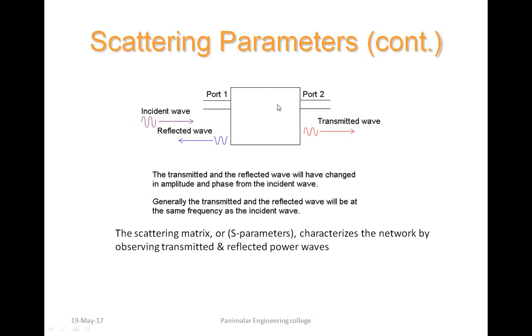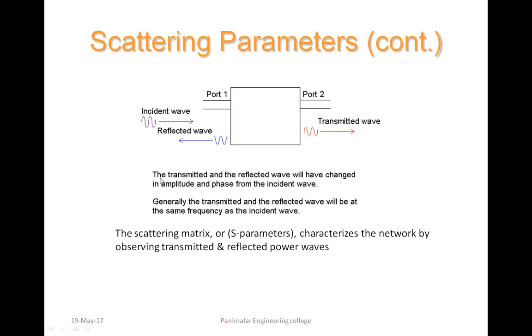And coming to the next analysis, the device is connected to port 2. Again we have a transmitted signal because the incident wave is given to the device. That signal is connected to the load, and because of the impedance mismatch between port 2 and the load connected to port 2, there is a reflected signal, and the energy that is delivered from the device to port 2 is the transmitted wave.